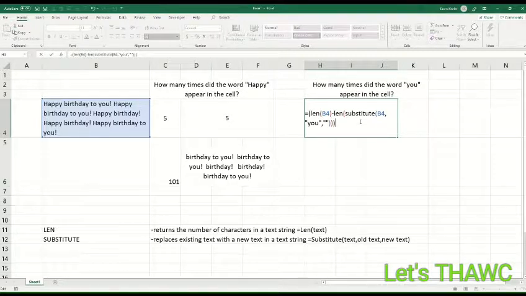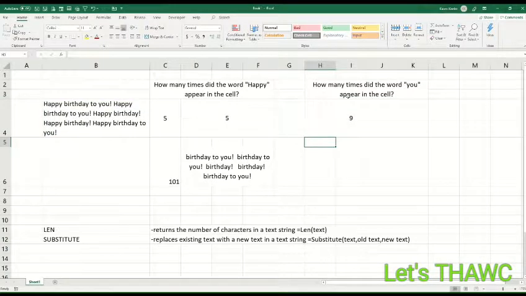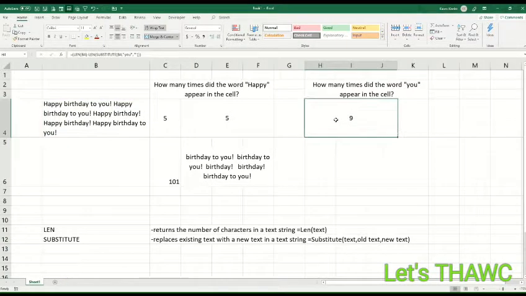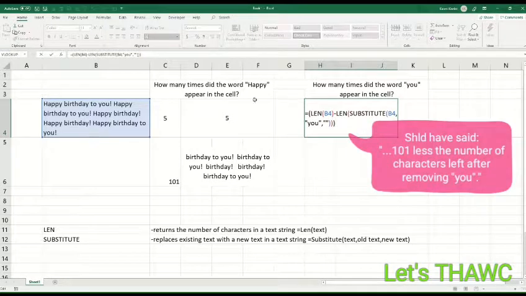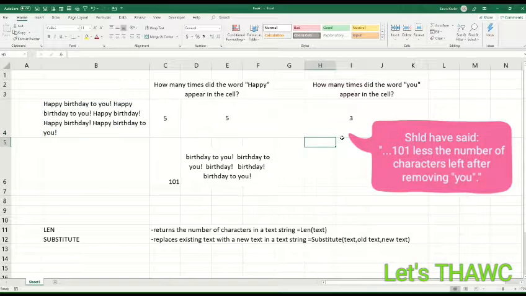If I don't put in 3, I will get 9 as a result. But remember, what I'm counting here is the original number of characters in the string minus the new number of characters when I got rid of the word "you" by using SUBSTITUTE. So that's 101 less the number of characters that I've taken out. Since "you" has 3 letters, we have to divide it by 3. And there you go, you will have 3 as a result.